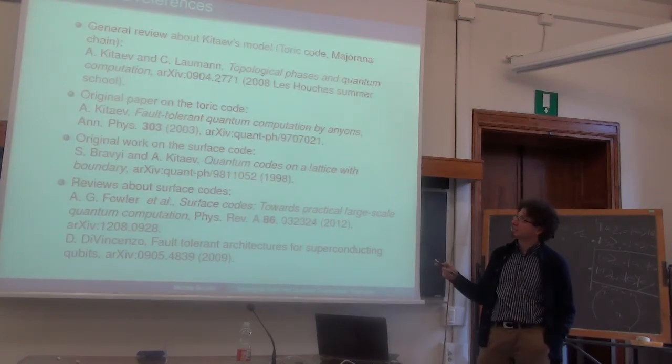In this reference you will find the introduction to the toric code from the Hamiltonian point of view, and it will be useful because inside this review we will also find information about the Majorana chain that we will face in the third lecture, and other more advanced things that I'm not going to tell you in the next lectures.